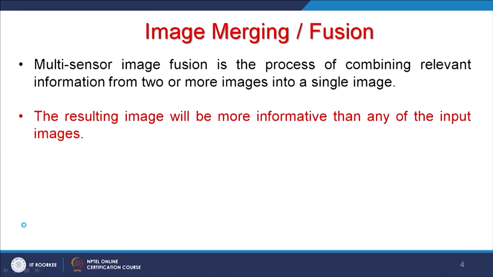So it has different meanings here, but the main purpose is that two different data sets belonging to the same area are merged or fused or pan sharpened. And whatever we do in this image merging or fusion, the result can be more informative than the individual input image, and you would see in the examples also how they become beneficial.